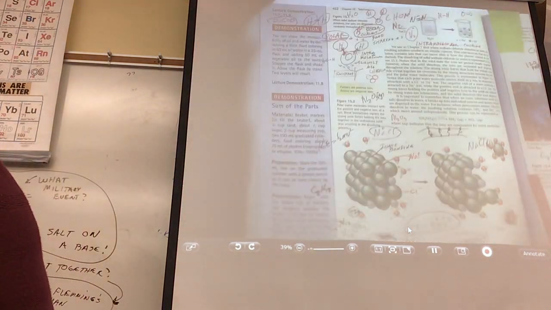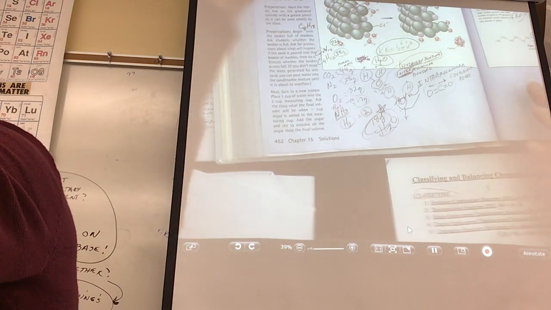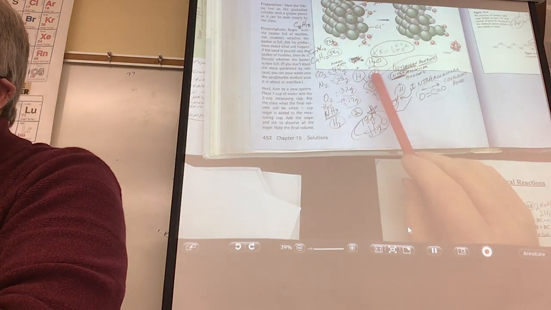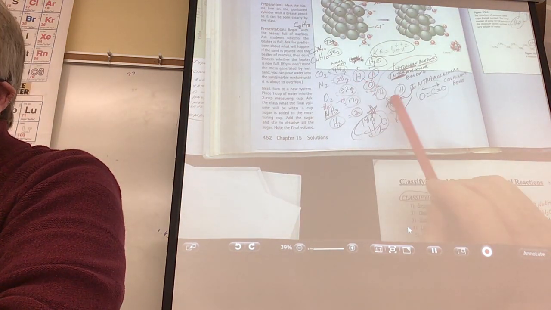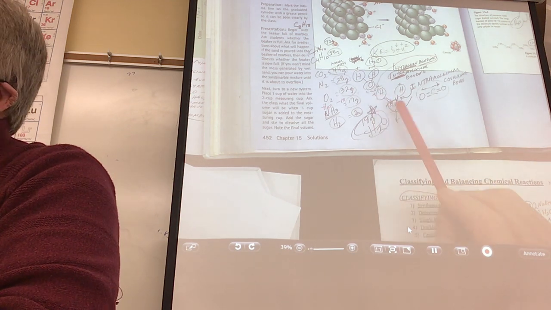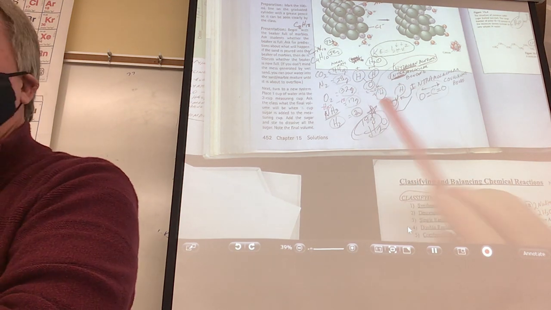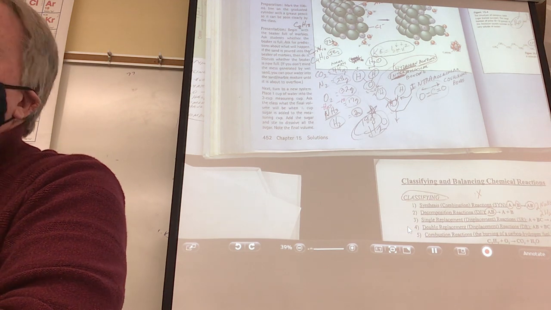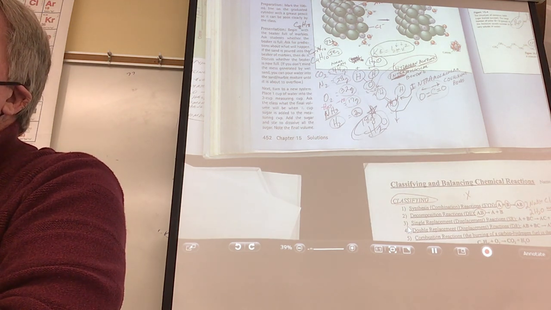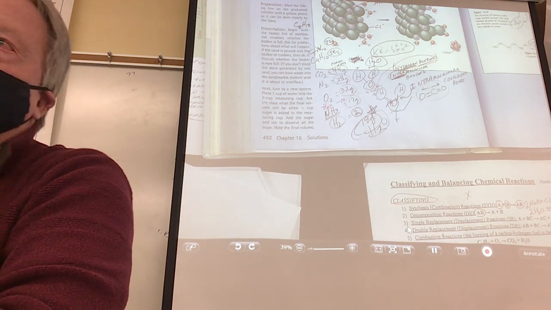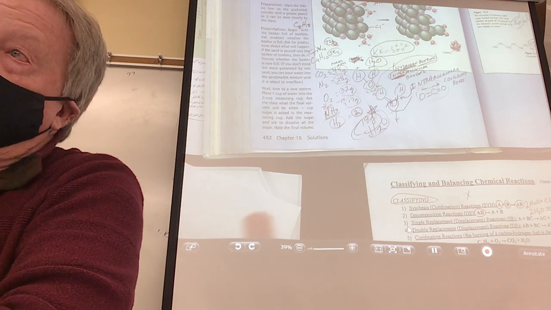So we go down here, and this is all review from yesterday, I thought. If I have one water molecule here and I have another one here, will there be any interaction between water molecules? Could there possibly be an intermolecular bonding? And Tyler knows.